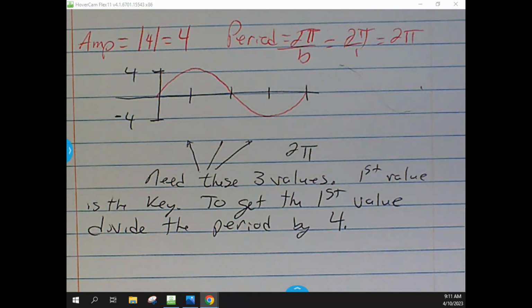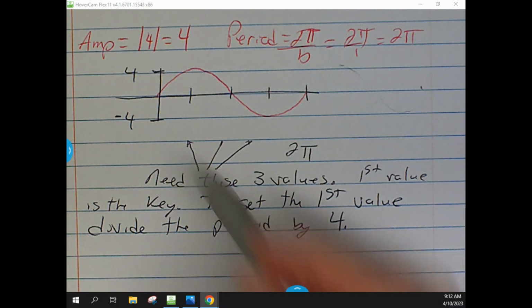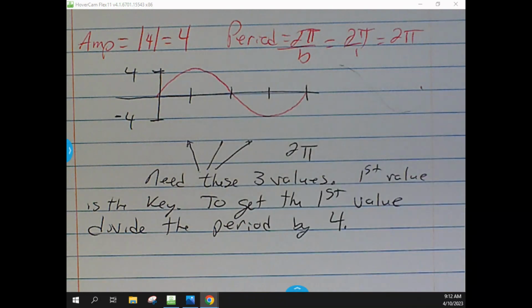Because the period is the horizontal length that we're looking for, and we've got 4 different cuts to this thing. So we're going to divide it by 4 so we can figure out what each one of these would be.